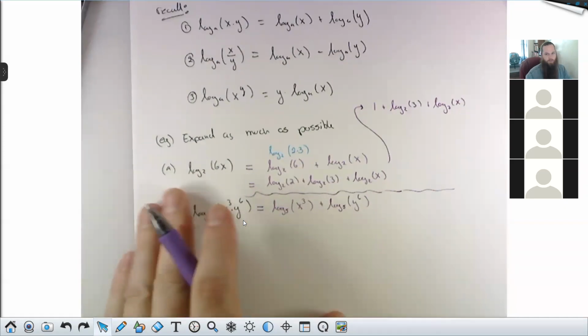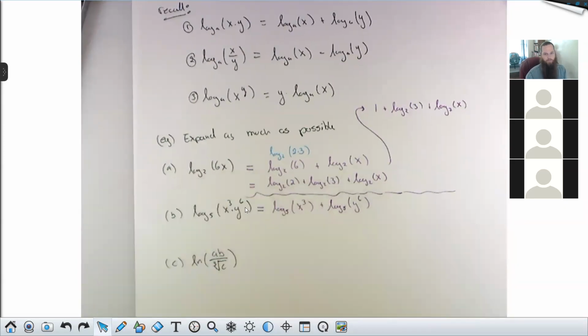So this multiplication inside turns into this addition outside. And now each of these looks a lot like this rule 3.